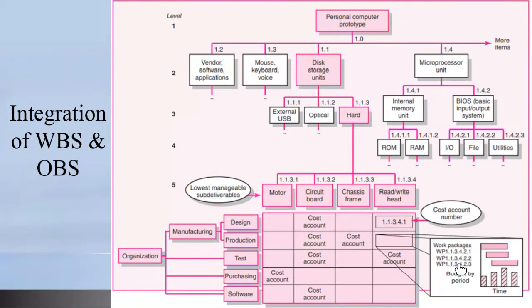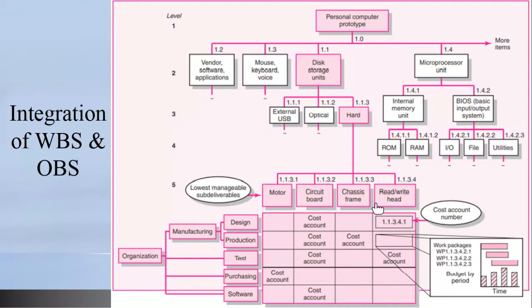That is correct. Okay? What is not correct about this diagram is just that this should have been in this line. I think they pushed it down here only because of spacing, which was wrong because it gives a wrong signal that this is level 5. So whilst this is the lowest manageable sub-deliverable, it is not a work package.